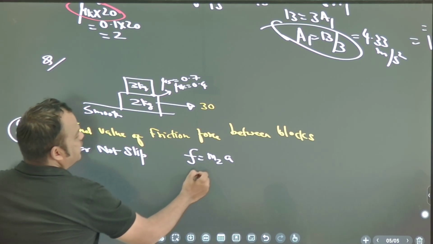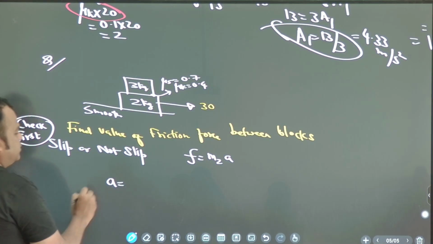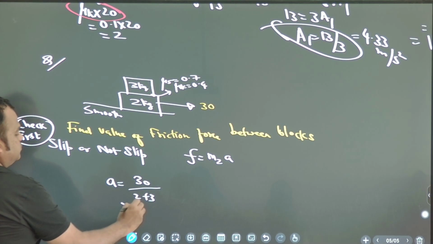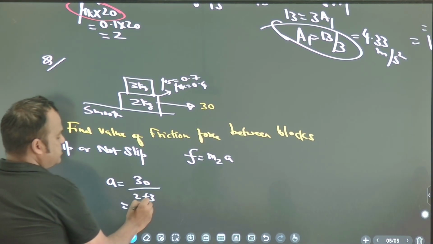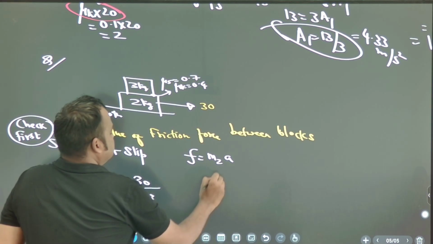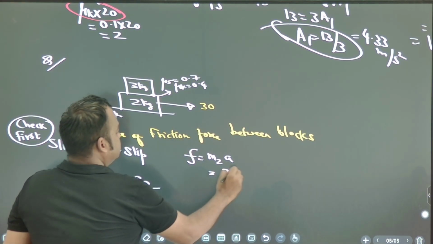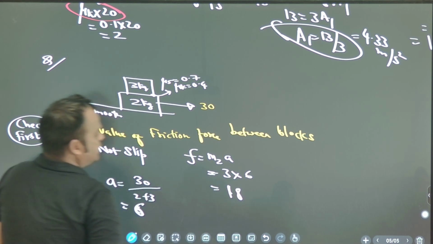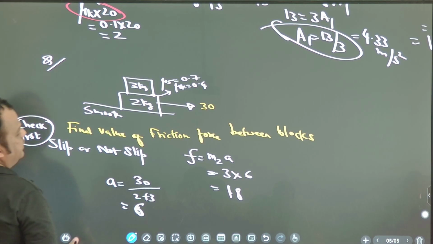So how much friction? Tell me. A value you got 6. M2 is 3. So 18. Friction is 18.